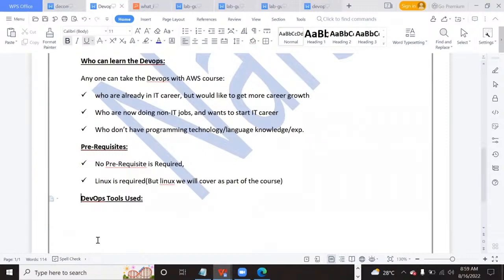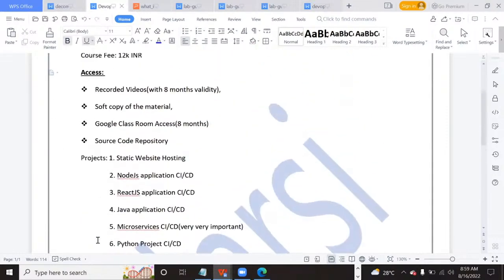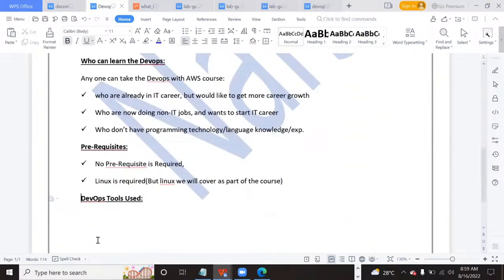Okay, so this is about the course, how it was designed. And tomorrow we will see the DevOps course content and then the AWS course content. And what is the outcome of this course? Meaning how you will benefit after learning, once you complete this course.